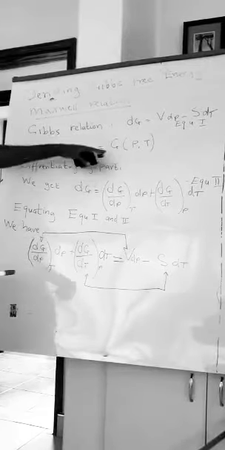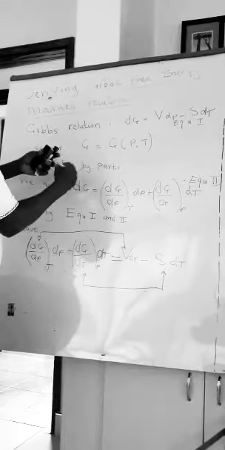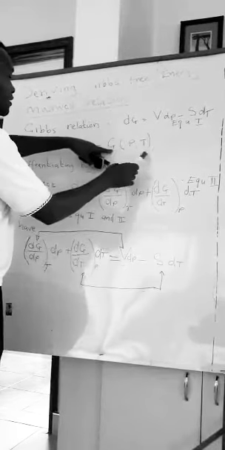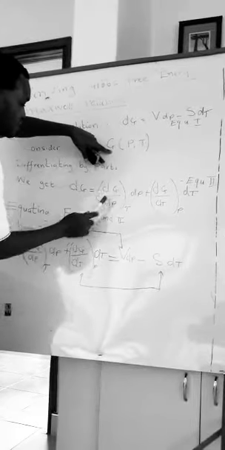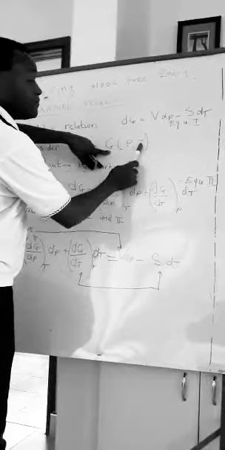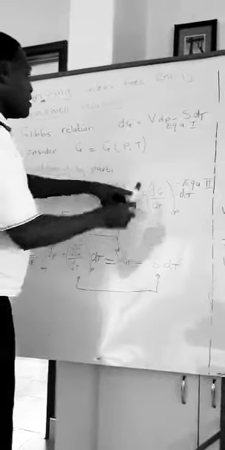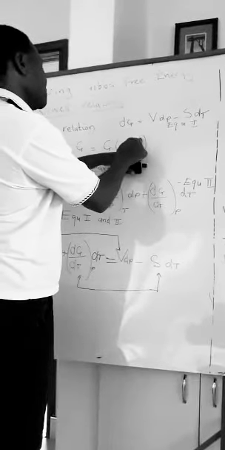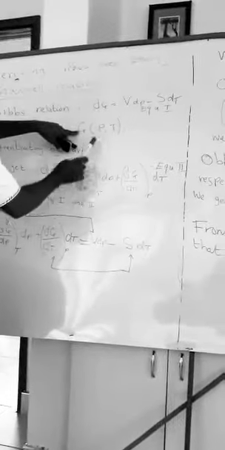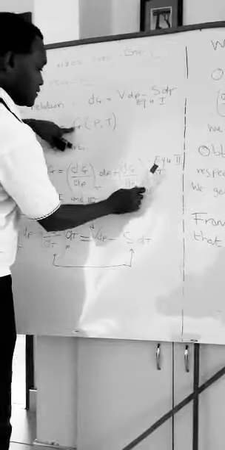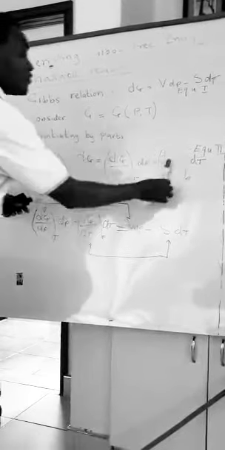And when differentiated by parts, we have dG equal to (∂G/∂P) at constant temperature dP, since we're differentiating with respect to pressure, plus (∂G/∂T) at constant pressure dT, where we differentiate with respect to temperature and keep the pressure constant. So this one we call our equation 2.